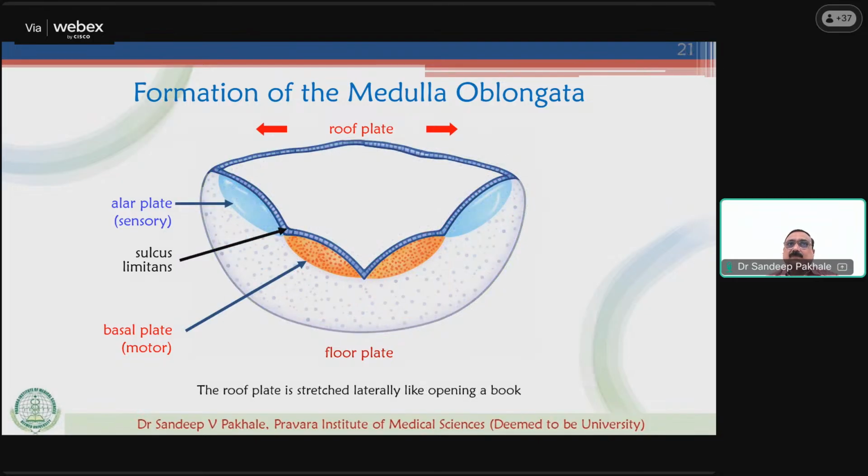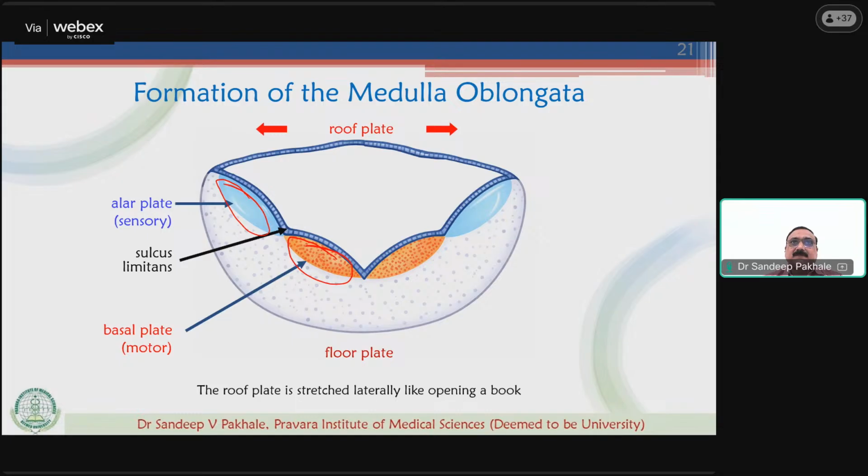The basal plate forms the motor nuclei. You can see here, this portion will later on form the motor nuclei, while the alar plate will form the sensory nuclei on both sides.